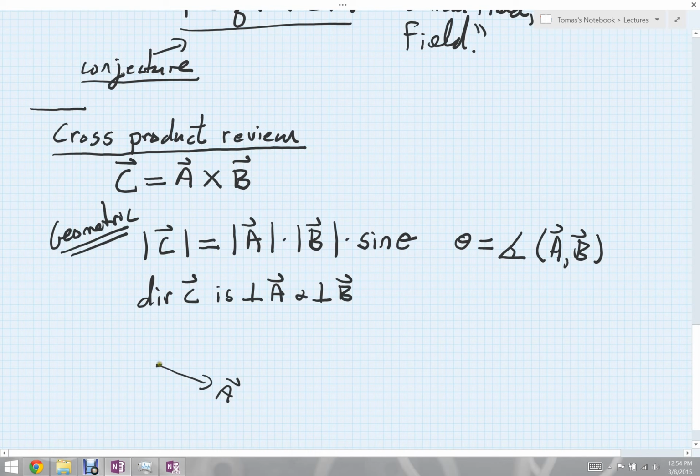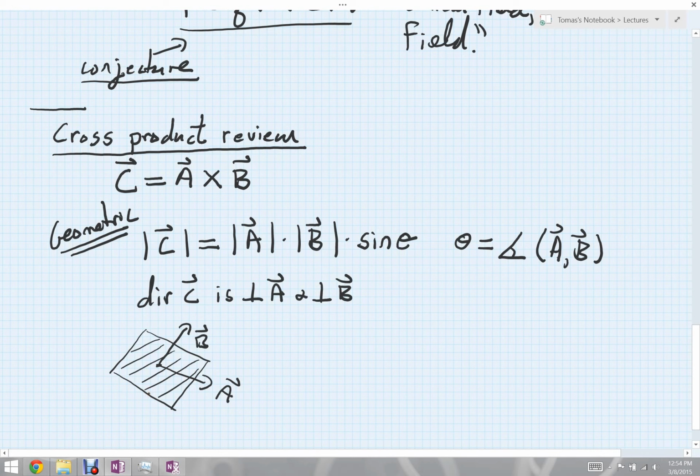Here I'll draw it kind of up like this, maybe. There's another vector B. These two vectors always span a plane. So there's some plane, I'm trying to sketch it for you here, that is spanned by A and B. So I kind of color that in.